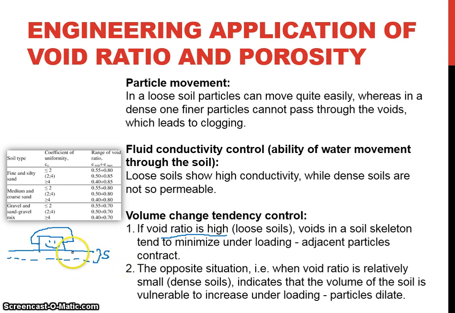The different height due to the effect of the loading is a contraction, and thus minimizes the initial height of the soil. So that's what happens due to the void ratio, and we can also relate it to the porosity. Here you can see a few examples of the range of void ratio values, e minimum to e maximum, of a few different types of soil, but it is not limited to these soils only.